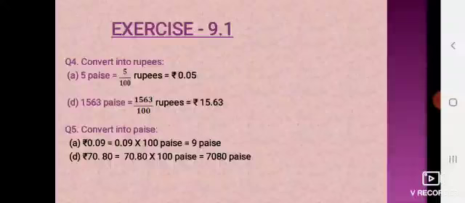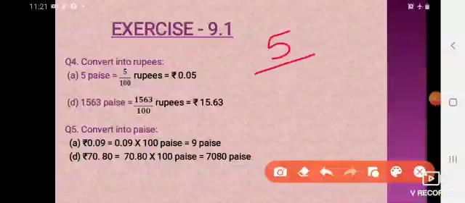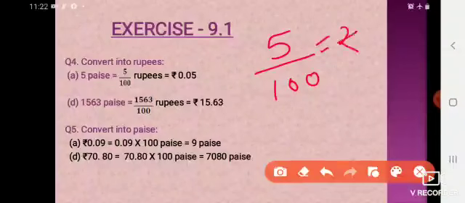Now let's solve a few questions from your book exercise again. Question number 4 is convert into rupees. We have to convert paise into rupees, so we'll divide. Here it is 5 paise. So 5 paise will be divided by 100 to convert it into rupees. This will be written as rupees 0.05.